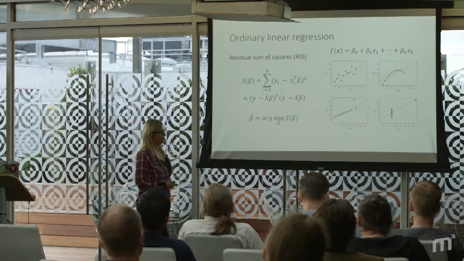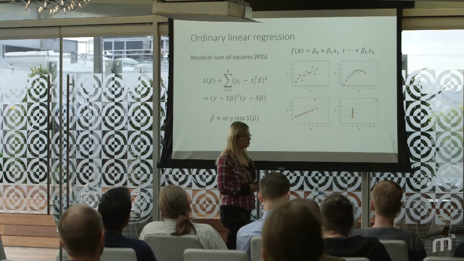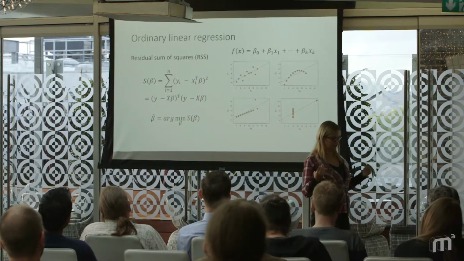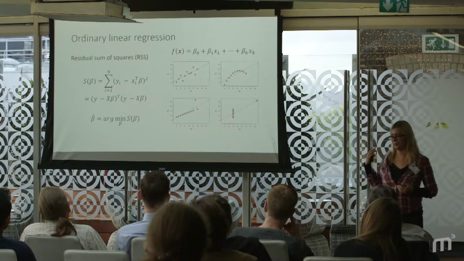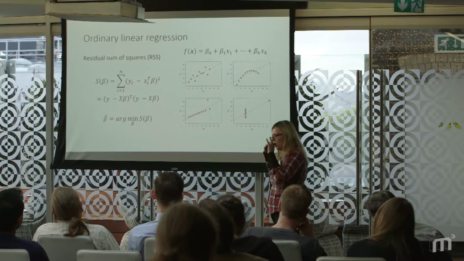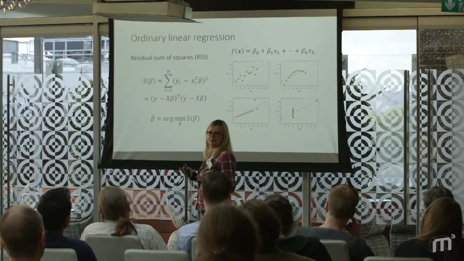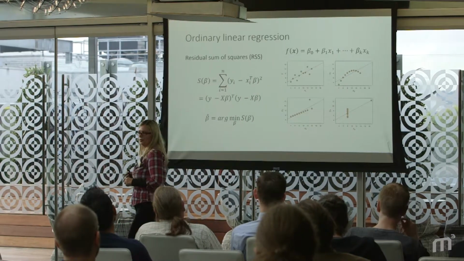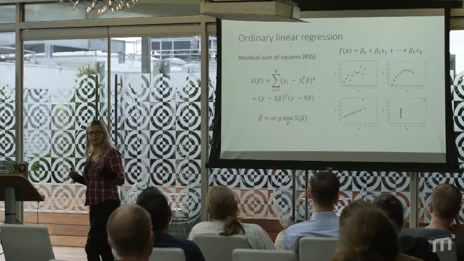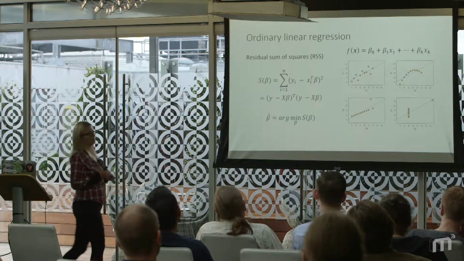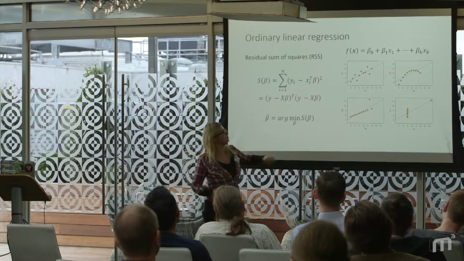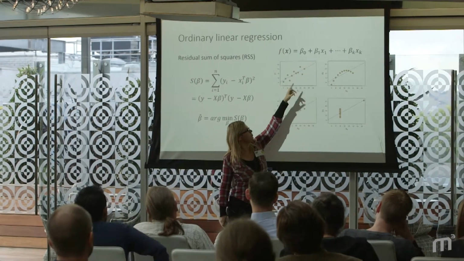Ordinary linear regression is trying to find the line that fits the data. And the thing with linear regression is it's a horrible model. Every statistician will tell you it's a horrible model because our data is rarely linear. And what will this model tell you? Look at those examples. For those dots, it will find you this line.